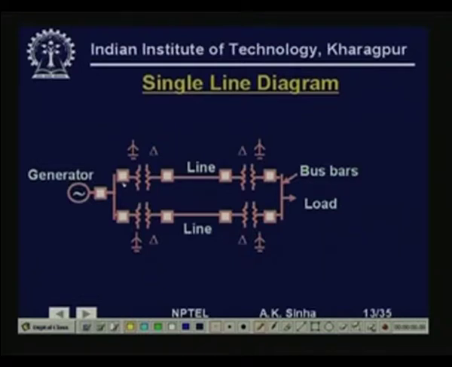Then we have again circuit breakers, two circuit breakers on the primary side of the transformer or the low voltage side of the two transformers, and then on the secondary side or the high voltage side this transformer is connected by means of these circuit breakers to the two high voltage transmission lines, which again at the other end through the circuit breakers is connected to the high voltage side of the step down transformers, and the low voltage side of these step down transformers is connected to a bus bar by means of these two circuit breakers.